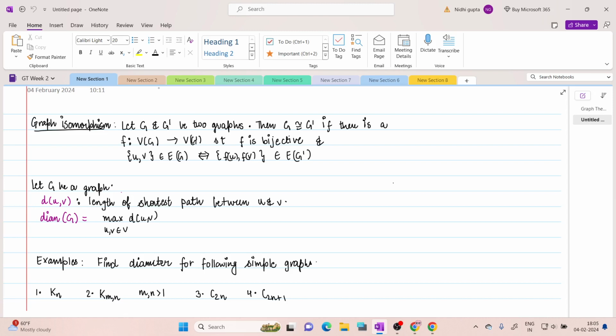They will have the same number of vertices, the same number of edges, and we can talk about their degrees also. So if U has degree m, then f(U) will also have degree m. So this is graph isomorphism.